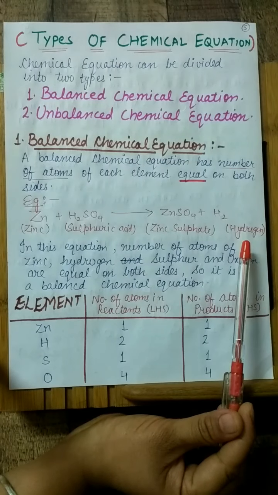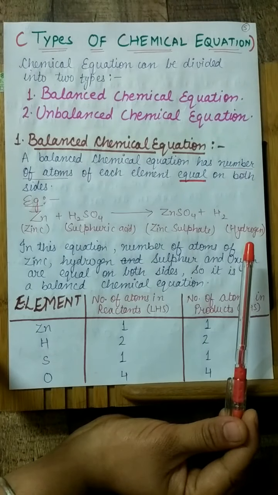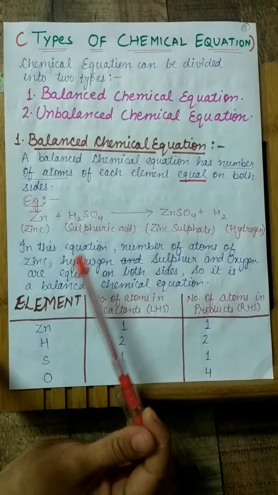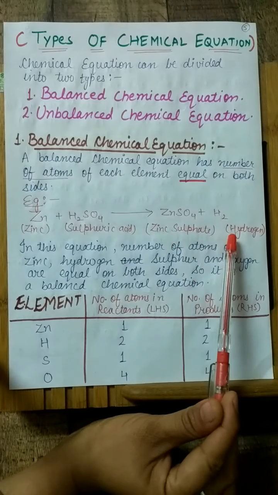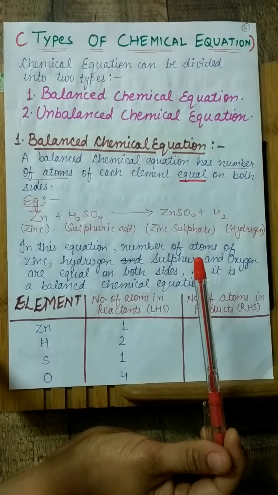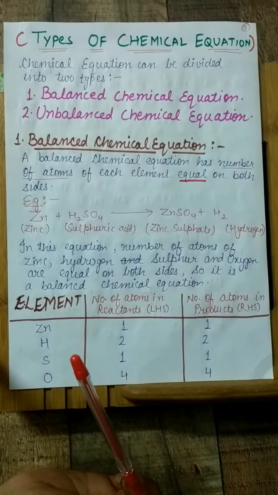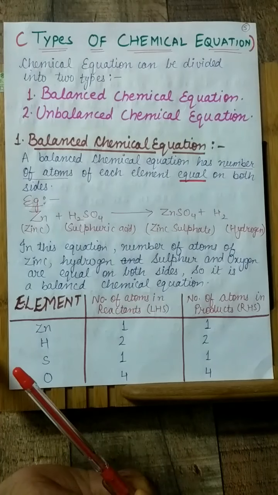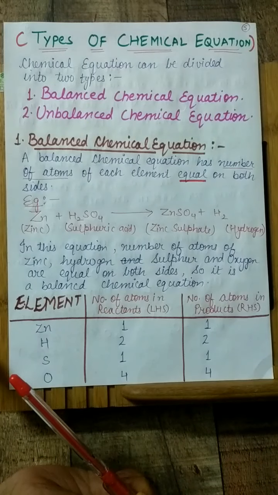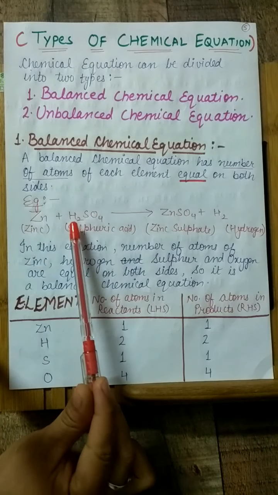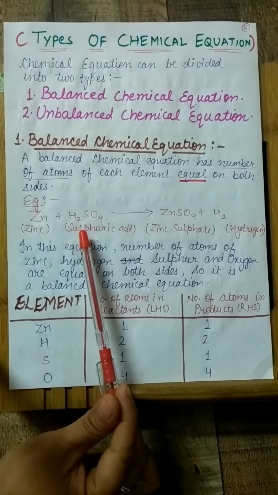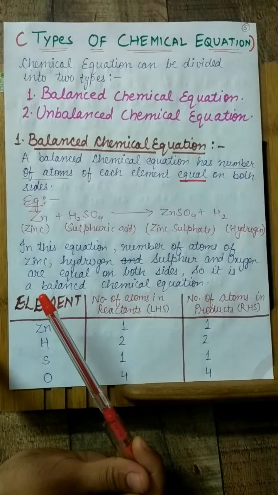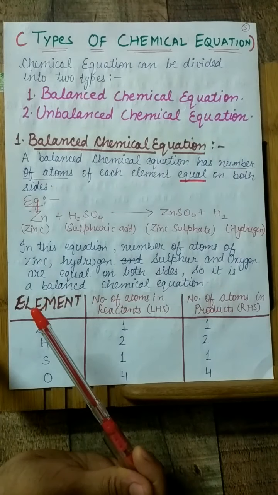Now, as written in our definition, we have to see the number of atoms on the reactant side as well as on the product side. To check this, first of all, we will see how many elements are present in it. You can see in this equation zinc, hydrogen, sulfur and oxygen. These are the four elements present in this equation.